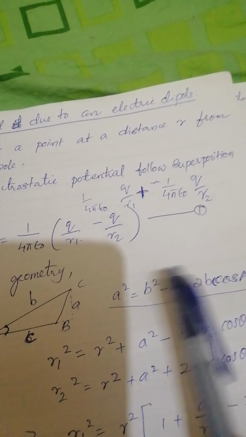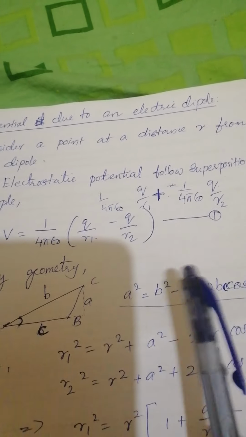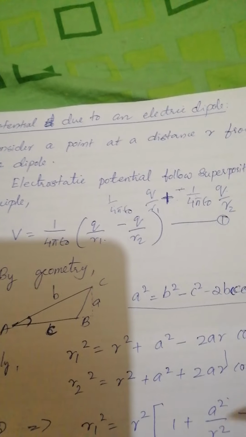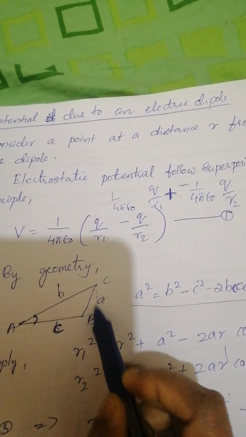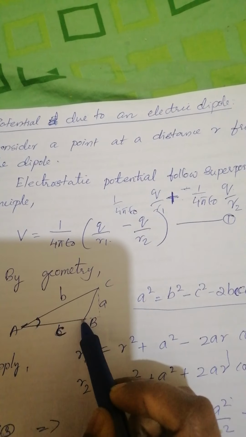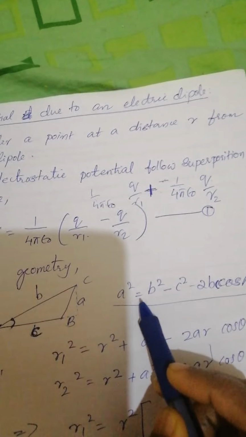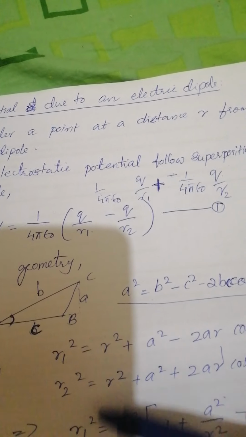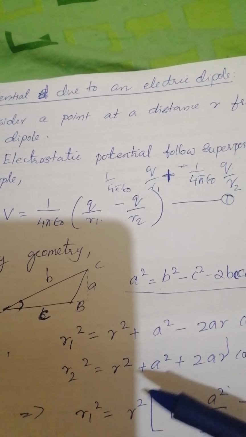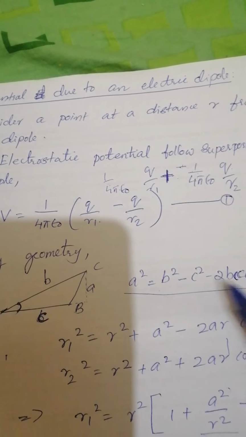We can prove this equation using this triangle itself by extending it. For the time being, for deriving this potential, we don't need the proof.